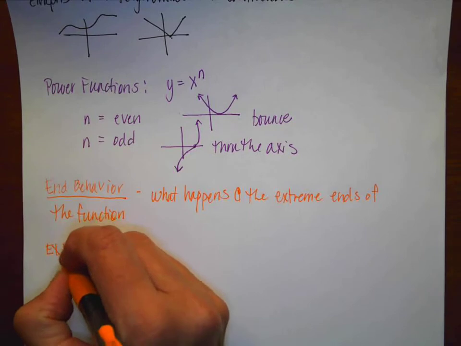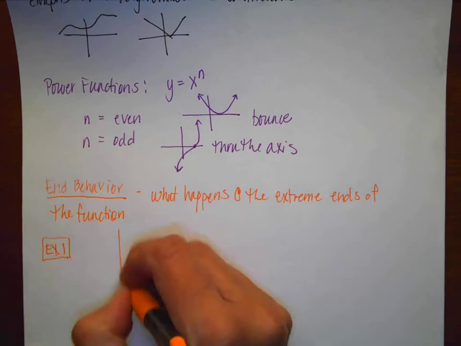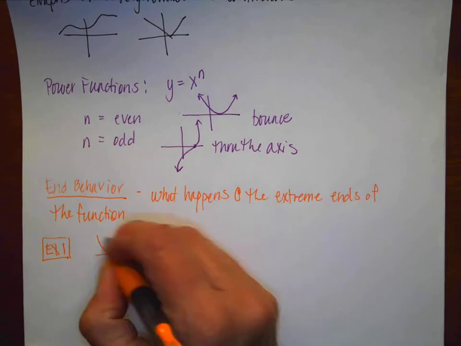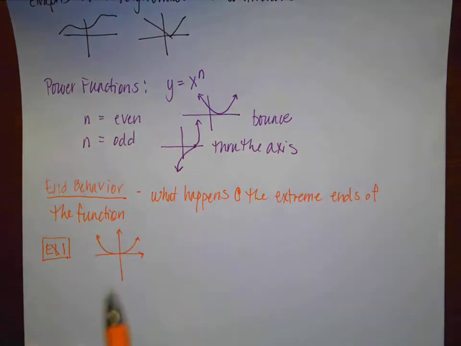So for example 1, we're just going to look at a cute little parabola. I want to look at what happens as I approach negative infinity and what happens as I approach positive infinity.